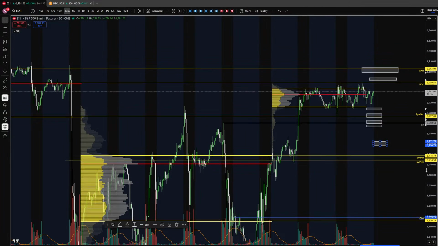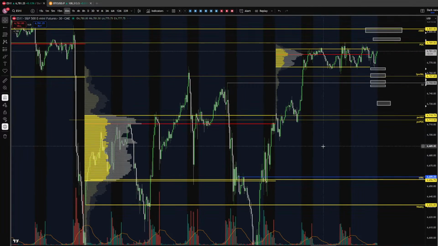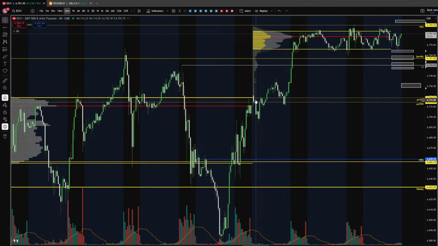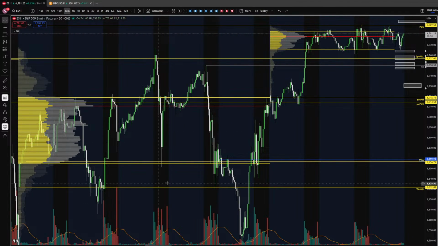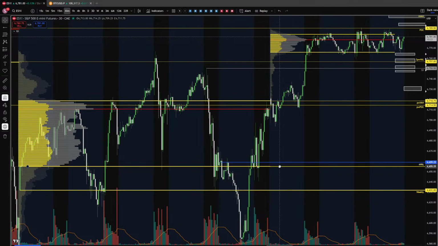Okay, so have a look at this. This is Monday. This is previous week volume profile. So what happened here? We see that even though for a slight difference, we opened outside previous week value area.